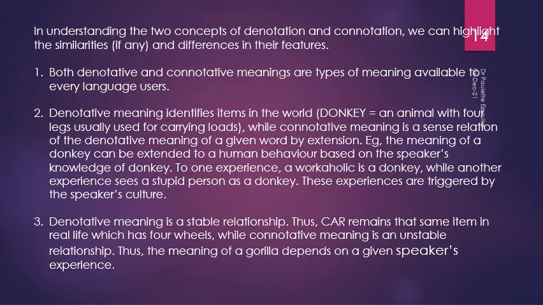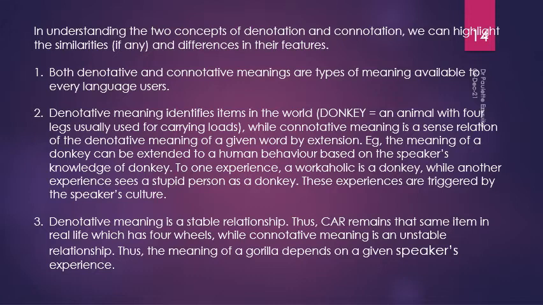For example, donkey is an animal with four legs, usually used for carrying loads, while the connotative meaning of a donkey could mean differently to different cultures.